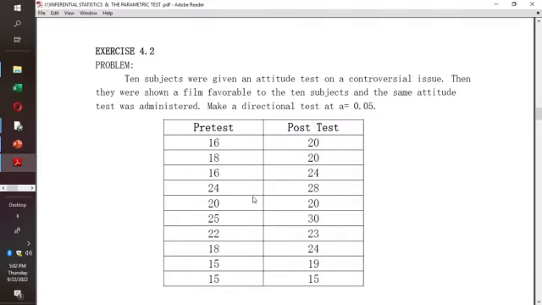Exercise 4.2. Problem: 10 subjects were given an attitude test on a controversial issue. Then they were shown a film favorable to the 10 subjects and the same attitude test was administered. Make a directional test at alpha equal to 0.05.